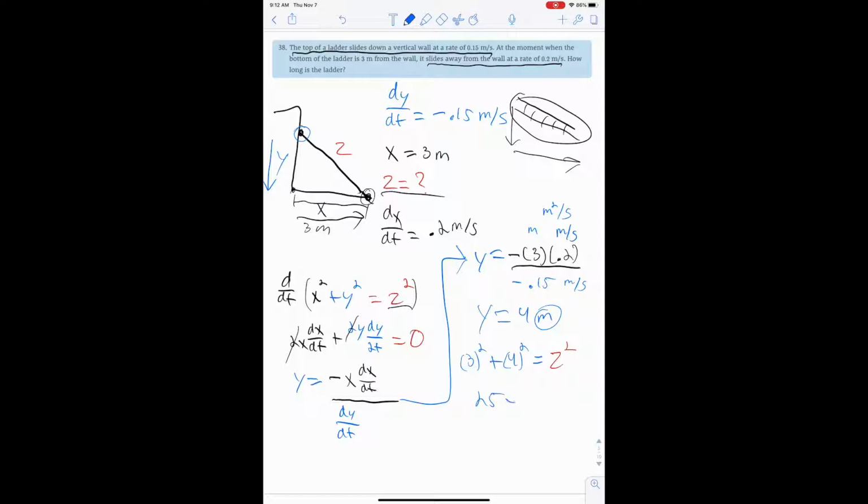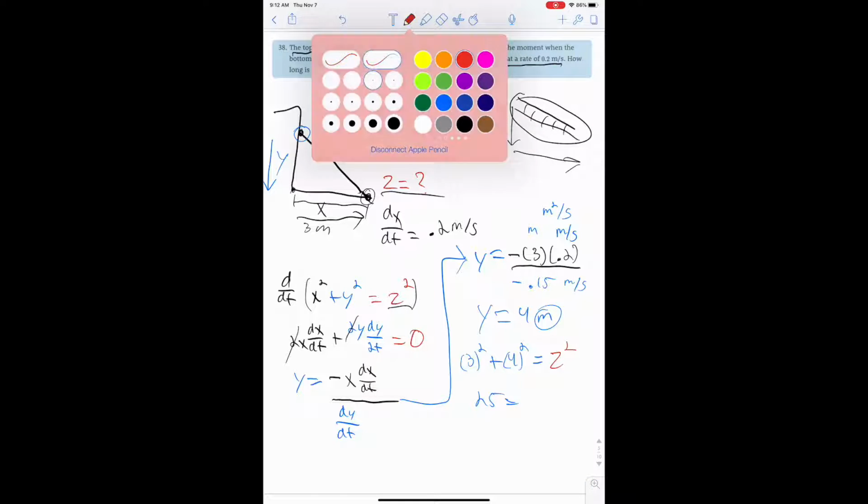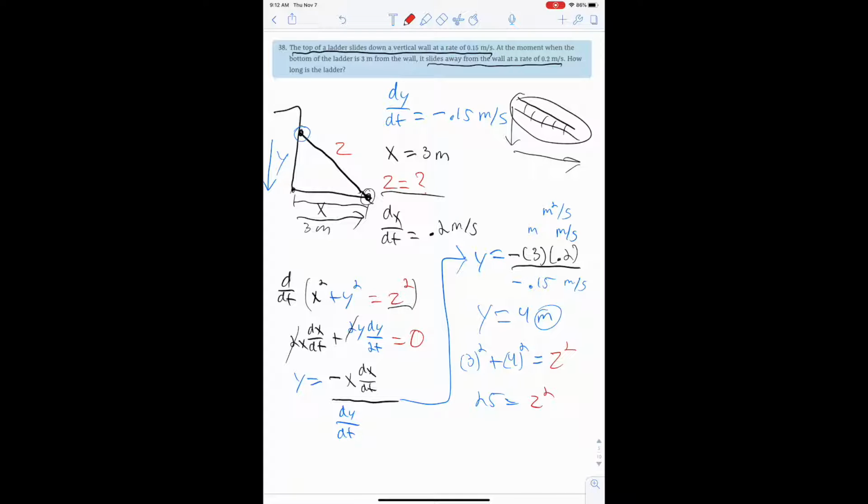So 25 equals z squared, which means that z equals 5. And alternatively, you could have noticed that this is a 3, 4, 5 Pythagorean triple. So you could just skip that step altogether and just say z equals 5. Oh, 5 meters. We can't forget that. z equals 5 meters.